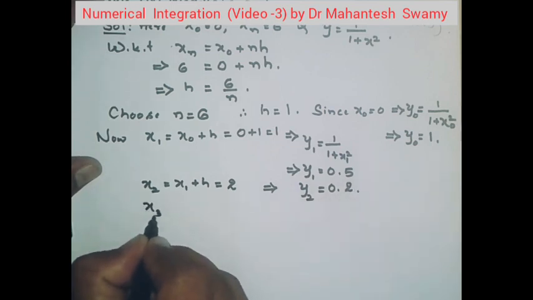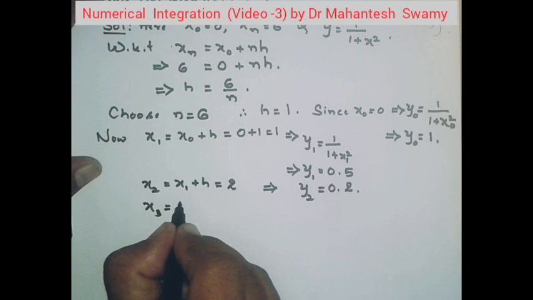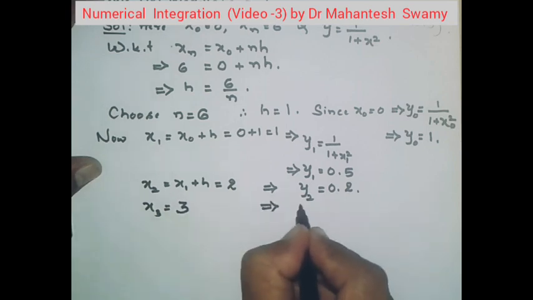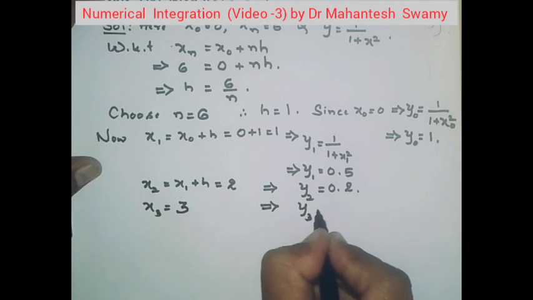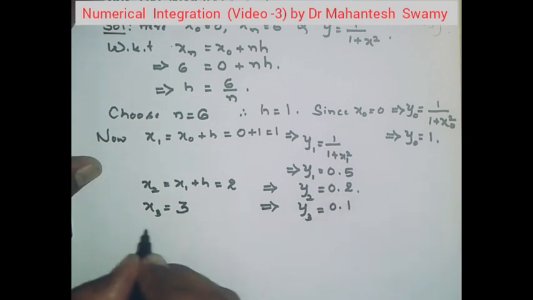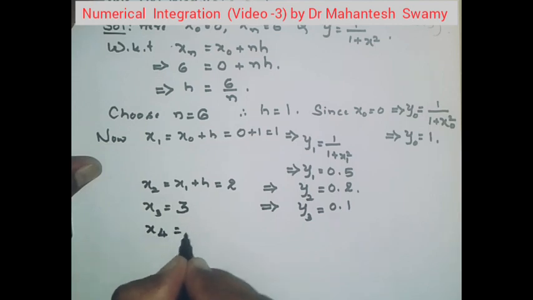x3 is x2 plus h. Definitely it will be 2 plus 1, 3. So that implies y3 equals 1 divided by 1 plus x3 square, that is 1 divided by 1 plus 3 square, which is 0.1. x4 is equal to 3 plus 1, 4.